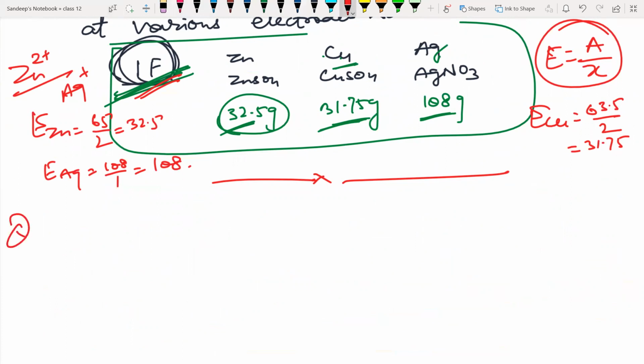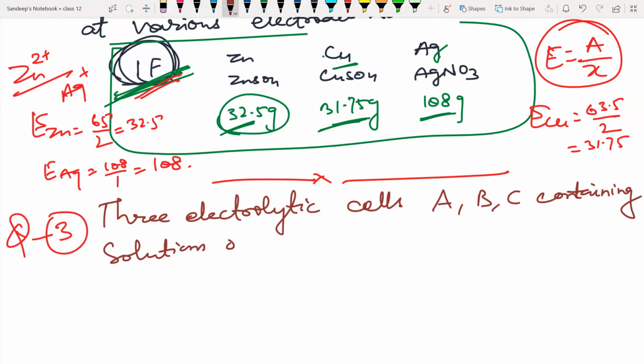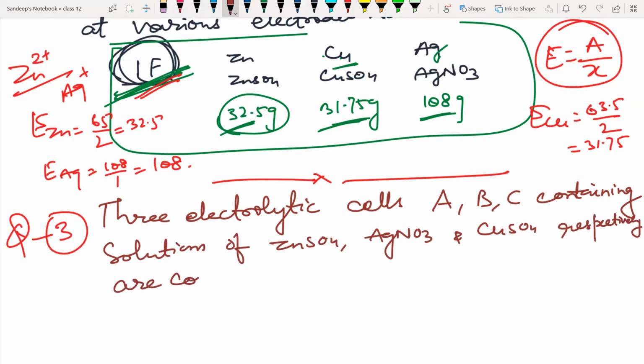The question is, three electrolytic cells A, B, C containing solutions of zinc sulfate, silver nitrate, and copper sulfate respectively are connected in series.